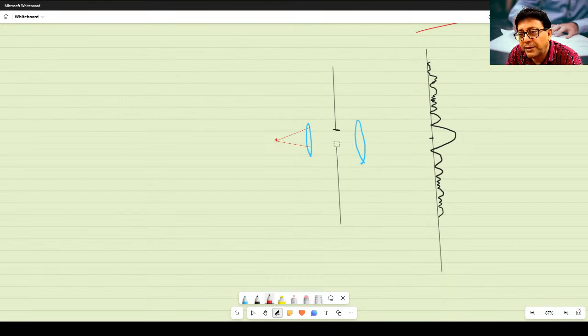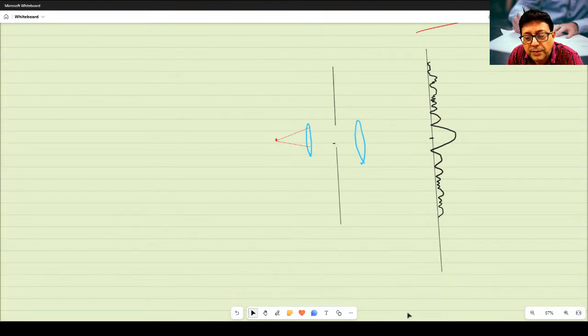Just draw the light ray. This width, this one we are going to find.